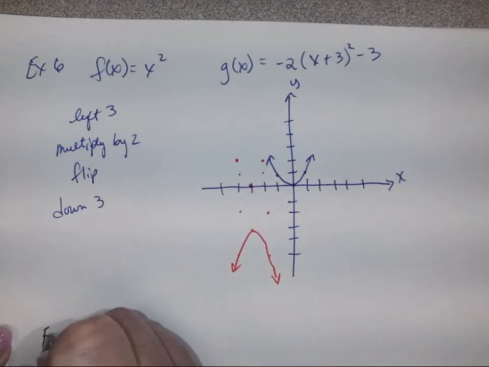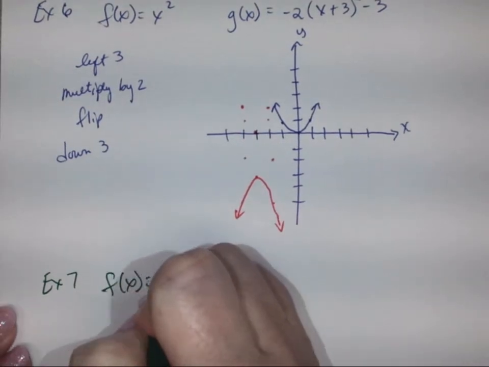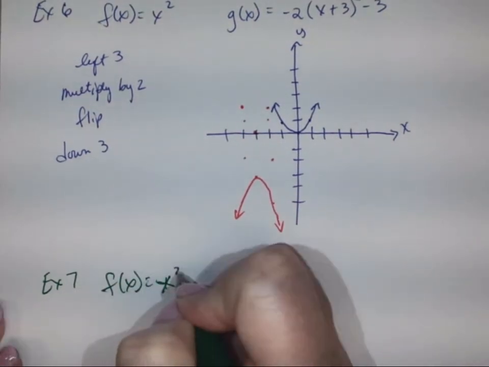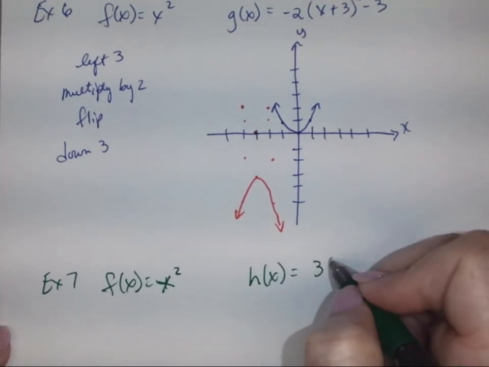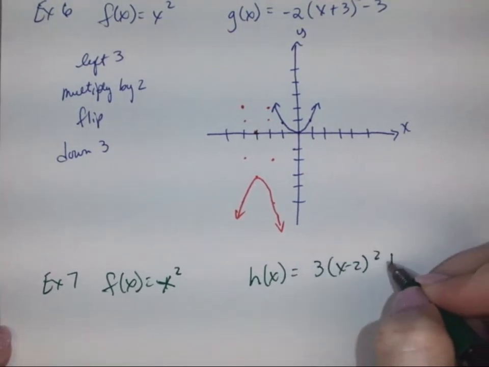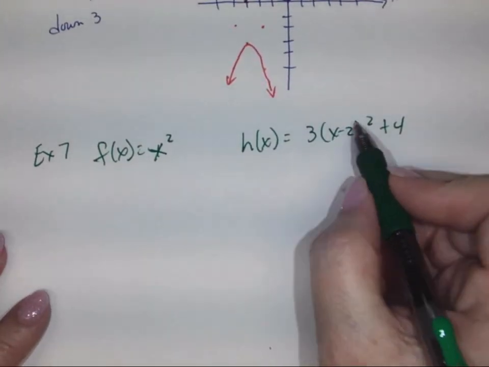So we're looking at example 7. Again, we're starting with f of x equals x squared. And we're looking at h of x equals 3 times (x minus 2) squared plus 4. So what are we doing right here?